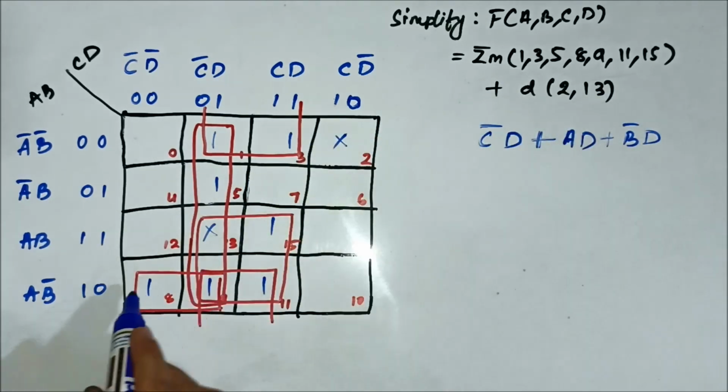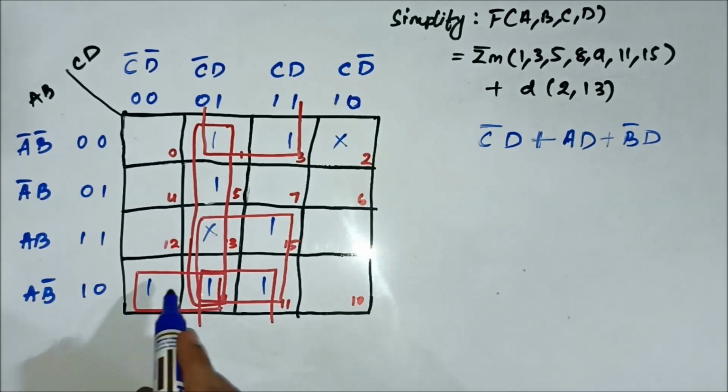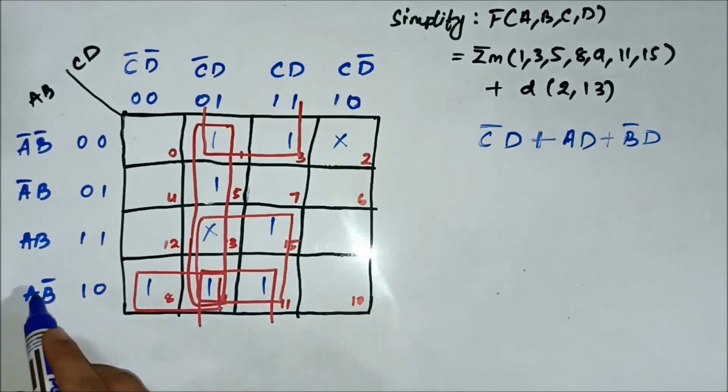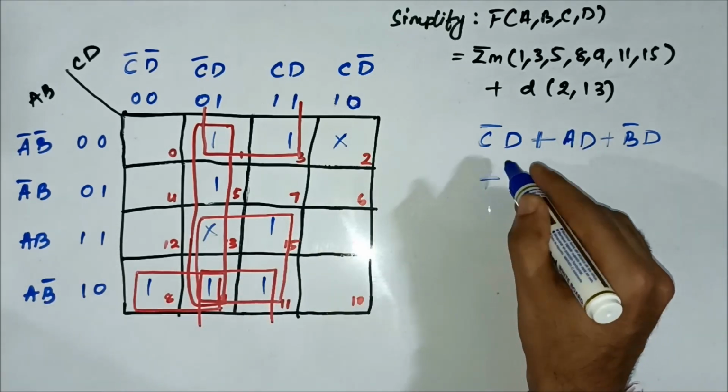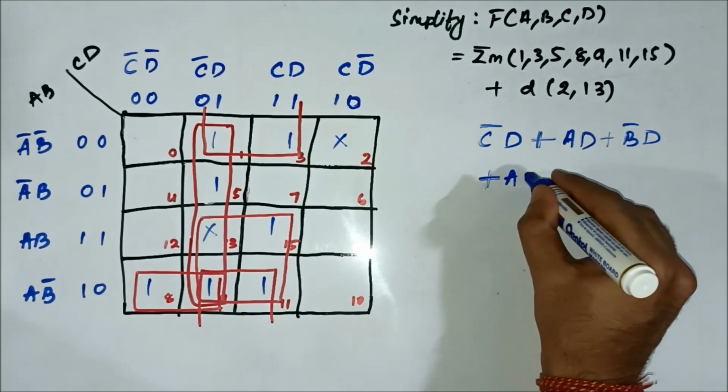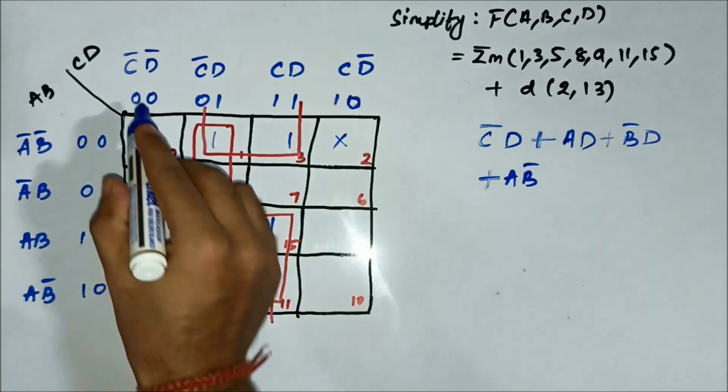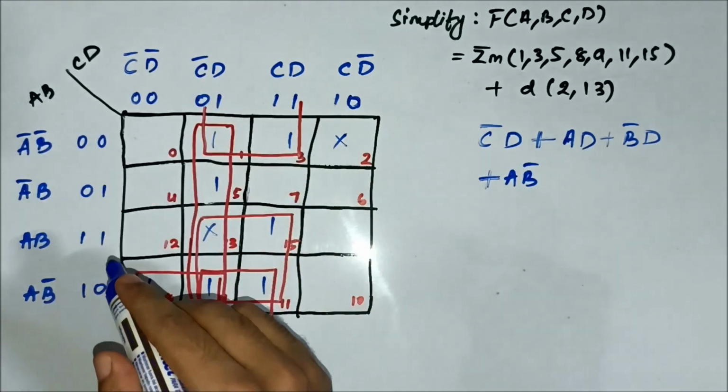And finally for this pair involving cells 8 and 9, in the horizontal side we have A B bar common, and in the vertical side we have C bar common.